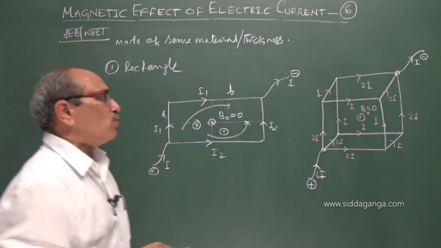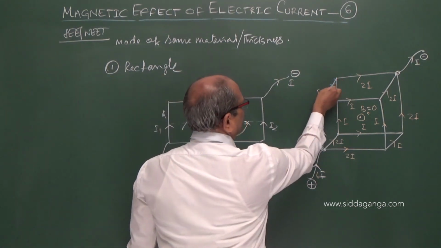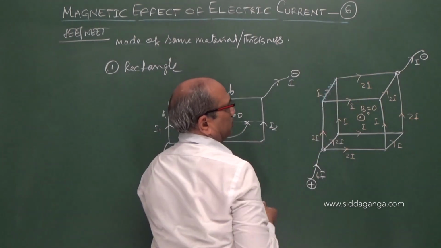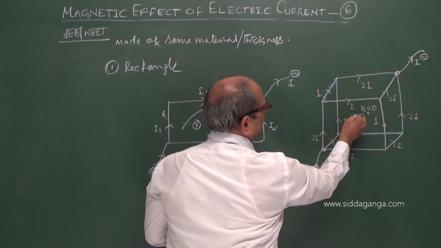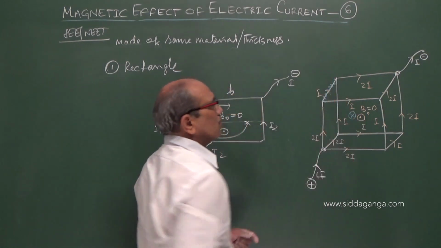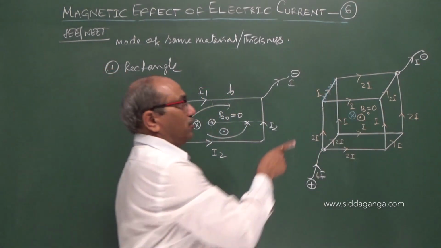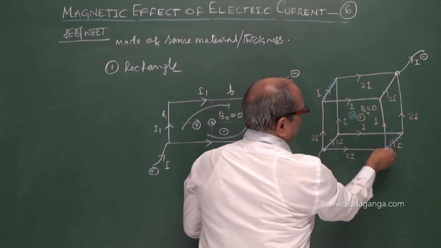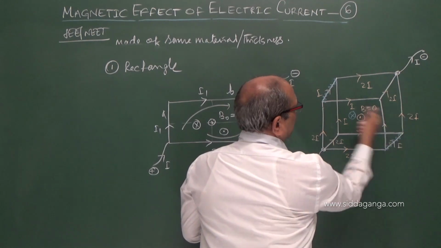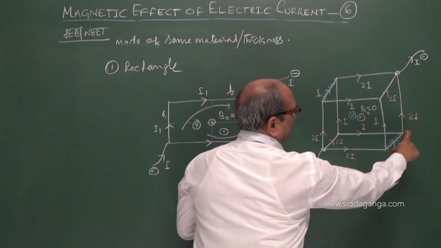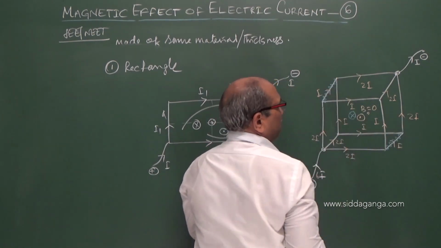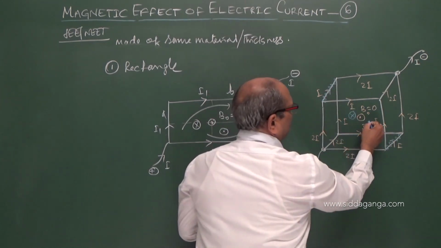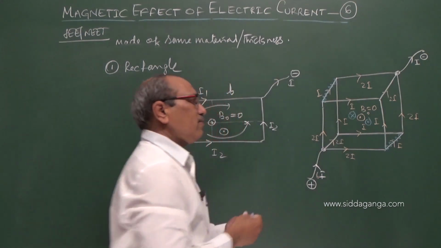The reason I tell you, see the field of this. If you look into it, it produces a field into the board, perpendicular to the board. Diametrically opposite, you see, this also seems to be carrying the current. It is also I, this is also I. Length same, and the distance for the magnetic field is the same from there to here and from this to here. So it produces an outward field.